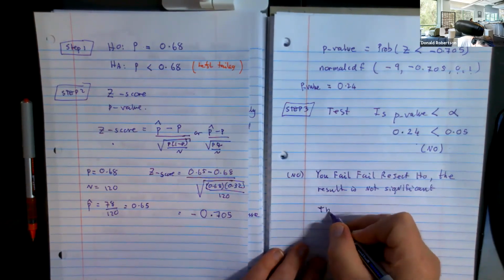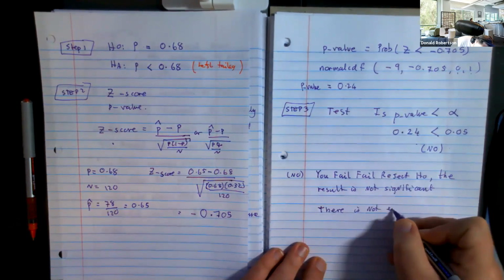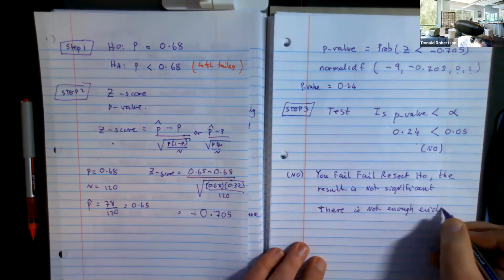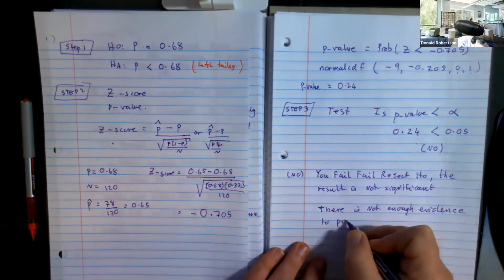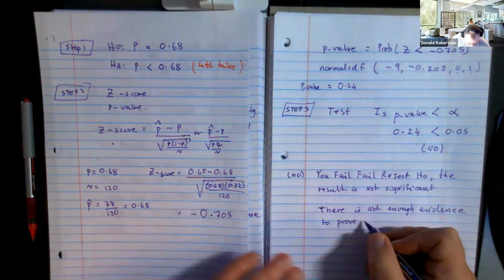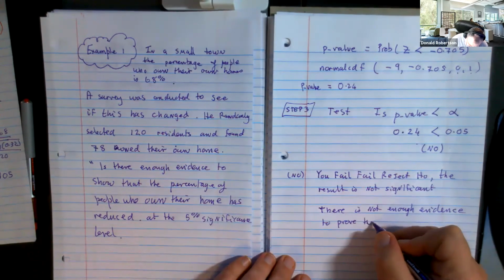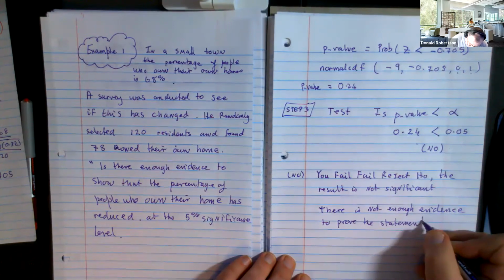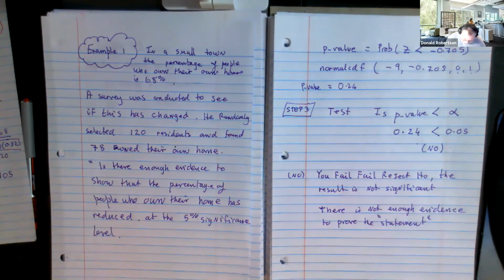And it means in English, there is not enough evidence to prove this statement. So rather than me rewrite that entire sentence, you can just say, look, there's not enough evidence to prove it.